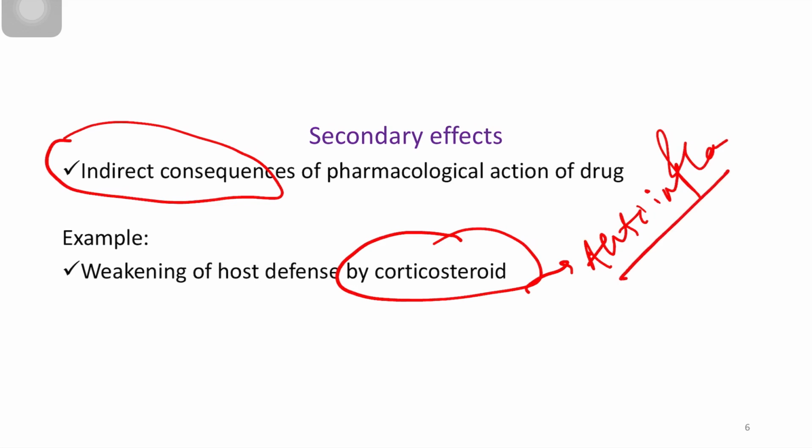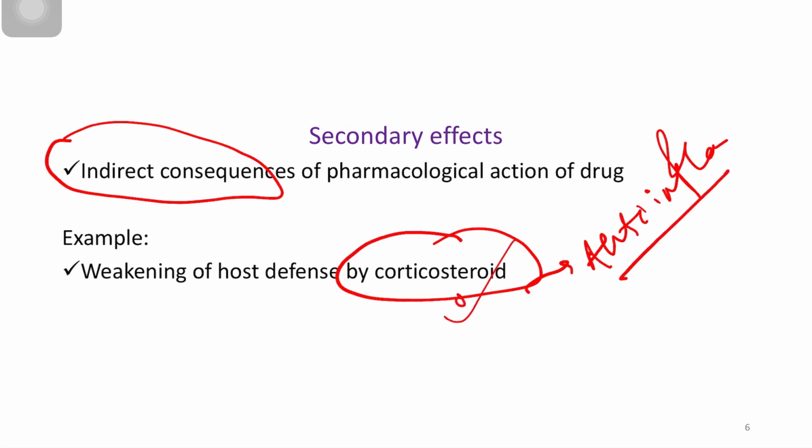For example, if some patient has a knee sprain or an ankle sprain, we sometimes use corticosteroid medications to decrease the inflammation of that joint. But this corticosteroid, on the other hand, decreases immunity as well, so the chances of other infection increase.